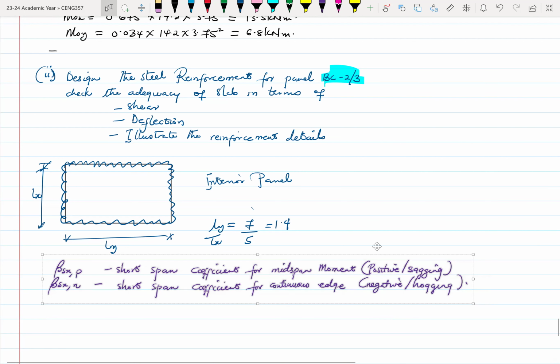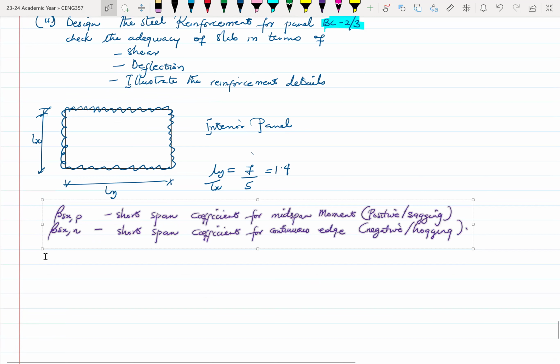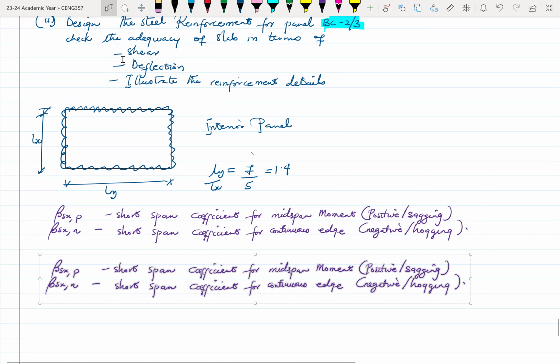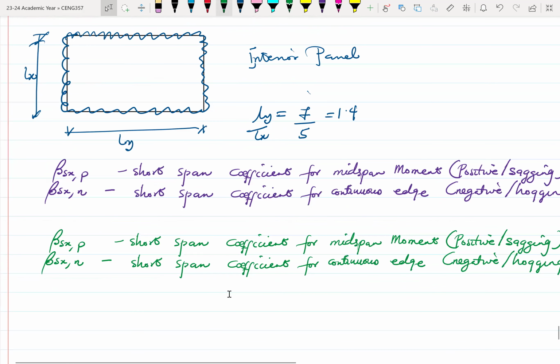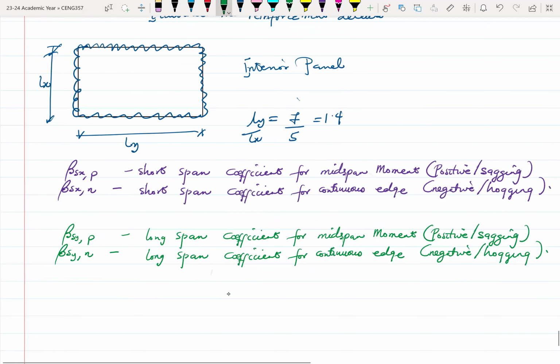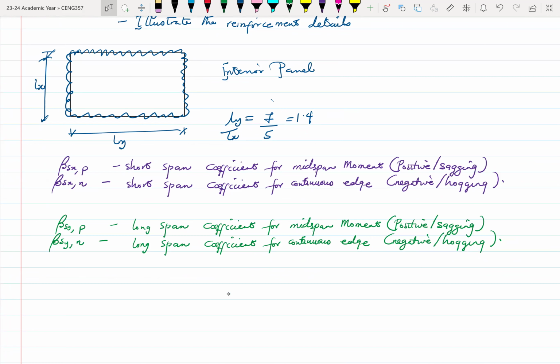In the same way, we also have beta SY positive and then beta SY negative. So that's like that. This will be for the long span coefficient, for the mid-span and the continuous edge respectively.